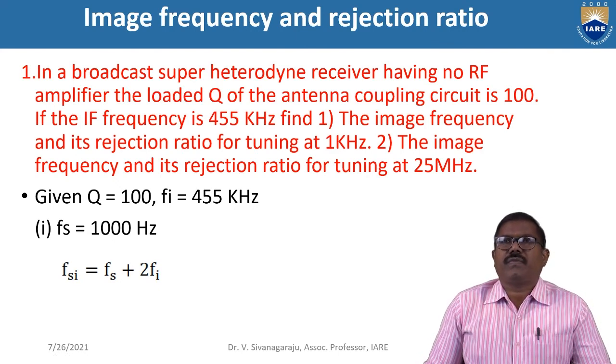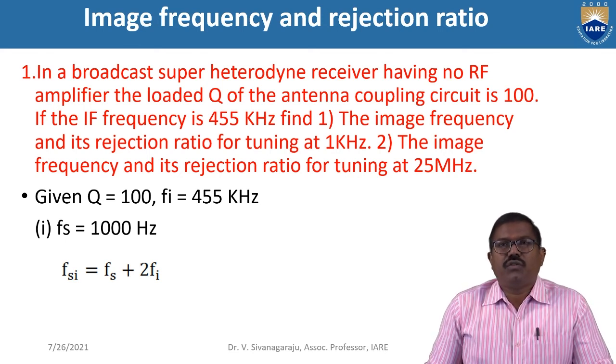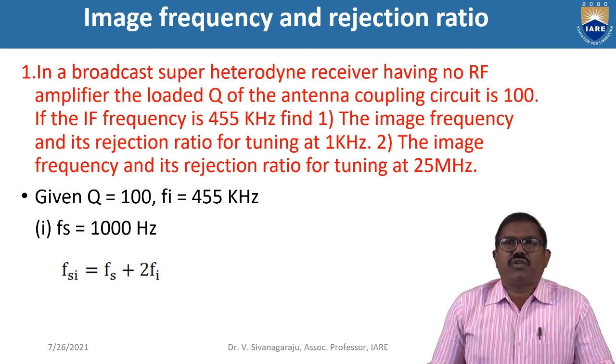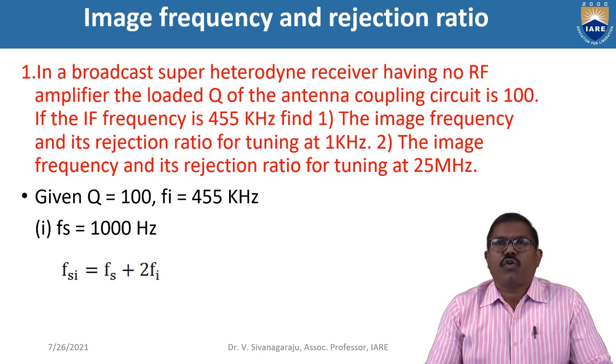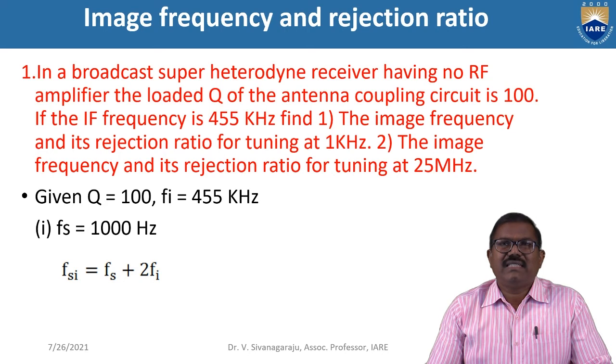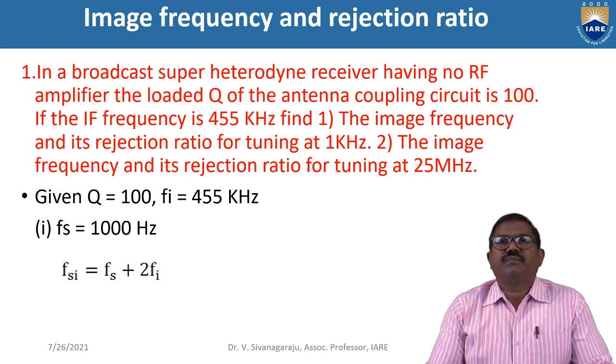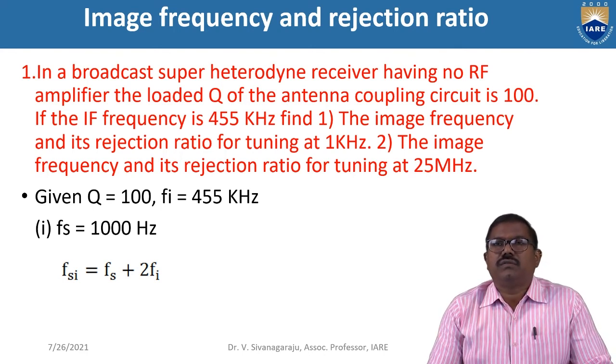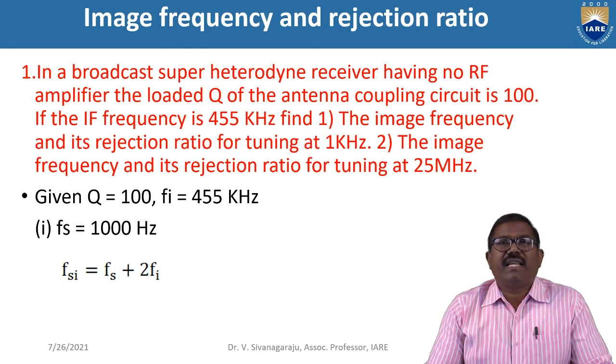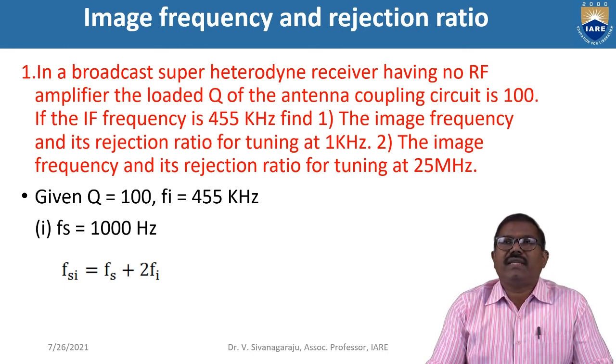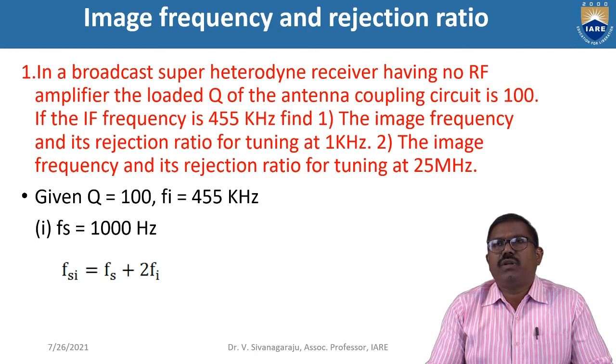Okay friends, here we are going to take one example on the superheterodyne receiver, image frequency and rejection ratio. In this problem, first let us see what is given. In a broadcast superheterodyne receiver having no RF amplifier, the loaded Q of the antenna coupling circuit is 100.